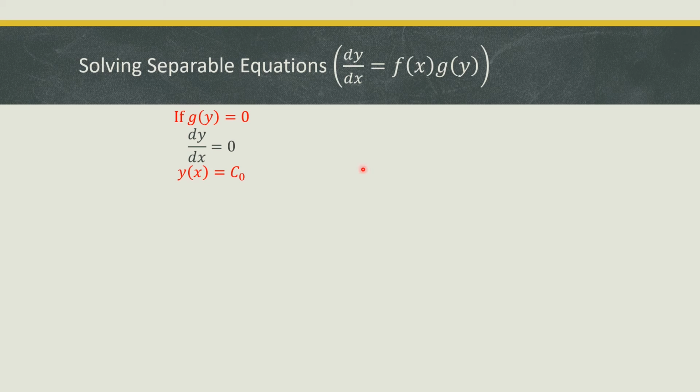Now for the case when g of y is not 0, we can divide both sides of this equation by g of y. And we obtain this. Now, both expressions are in terms of x. This is a function of x, and this is also a function of x.